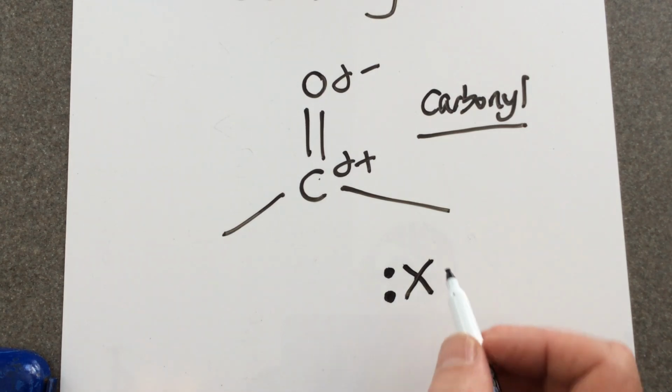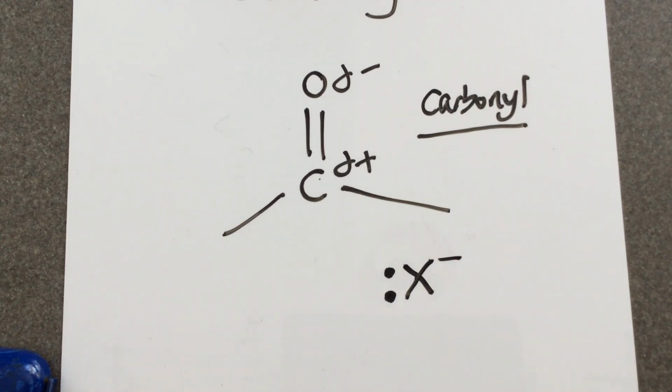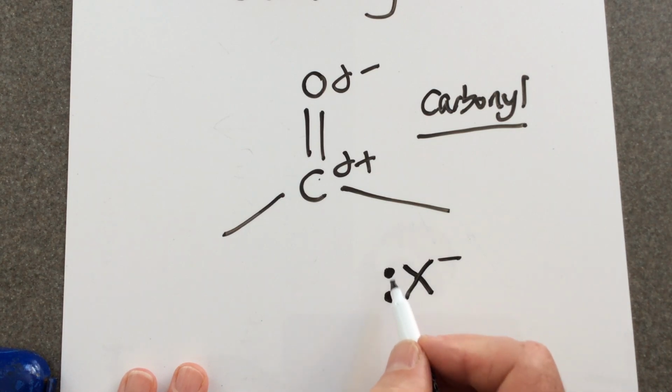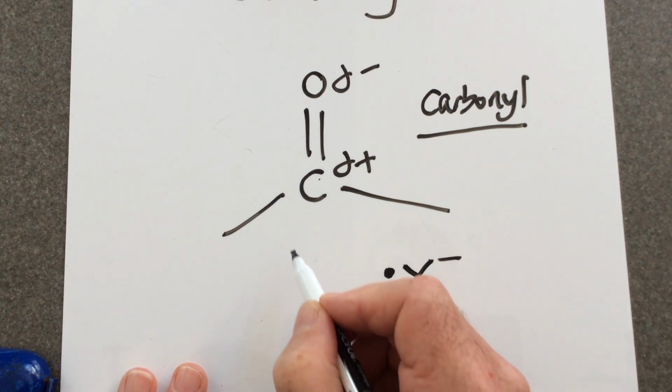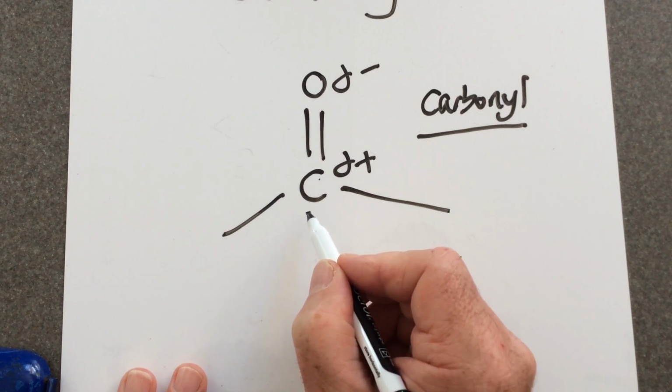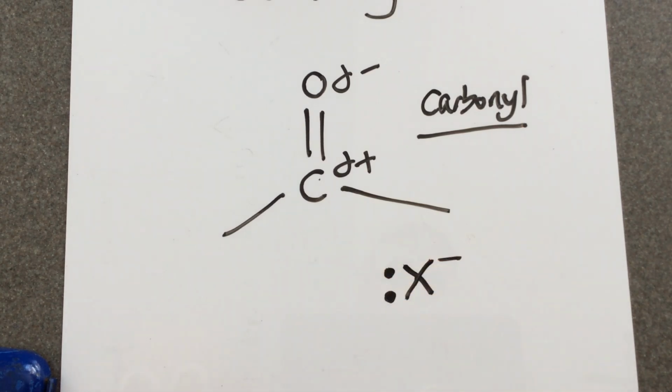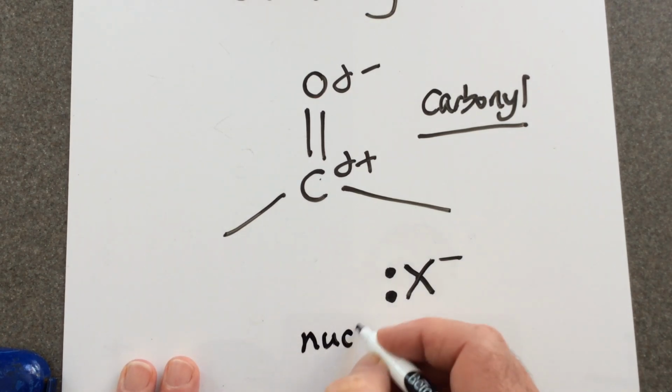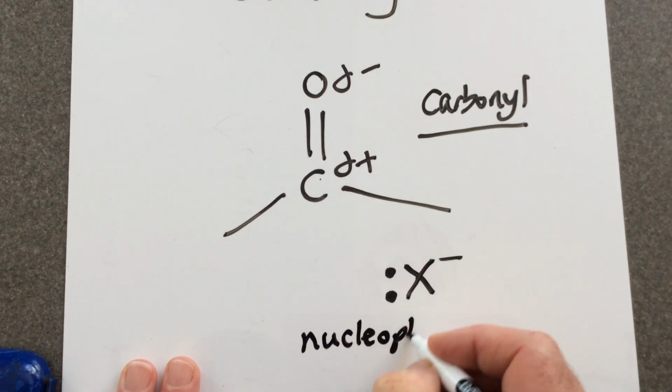Now, it may be that that entity has a negative charge on it. Whatever it is, if it has a lone pair of electrons and it's able to donate those and form a new covalent bond, that is going to be called a nucleophile.